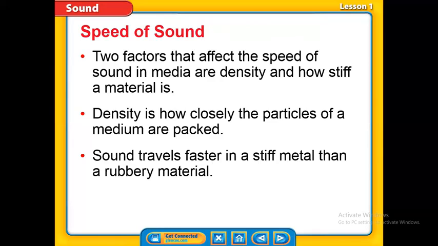That's because sound moves really fast in stiff metal, like a door. The sound moves faster through the metal of the door. But if I cover this door with rubber, it will make it harder for the sound to move through it.